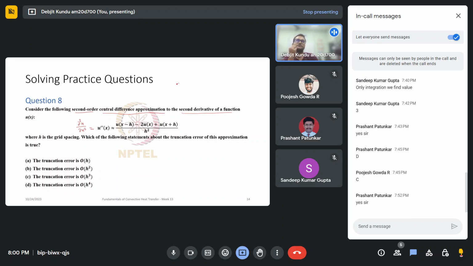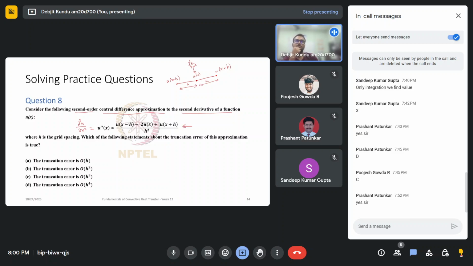So the situation is something like this. This grid spacing is h. I have u(x) over here, u(x+h) over here, and u(x−h) over here, and at this location I'm trying to find the value of ∂²u/∂x². And I'm using this expression to do that.